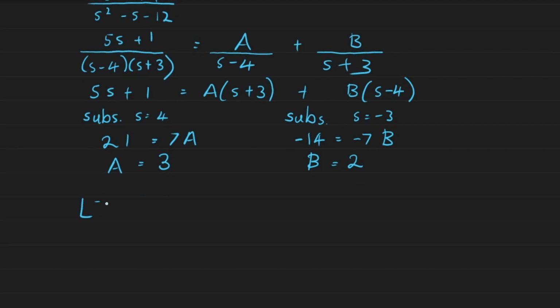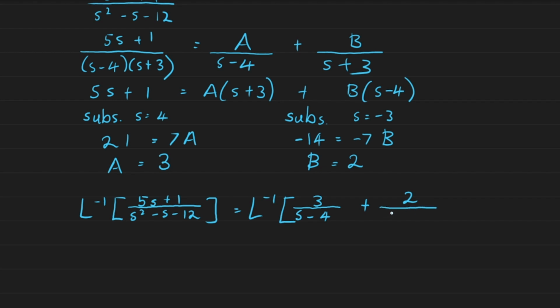So the inverse Laplace transform of (5s + 1) divided by (s² − s − 12) is equal to the inverse Laplace transform of A, which is 3, so 3 over (s − 4), plus B, which is now 2, 2 over (s + 3).